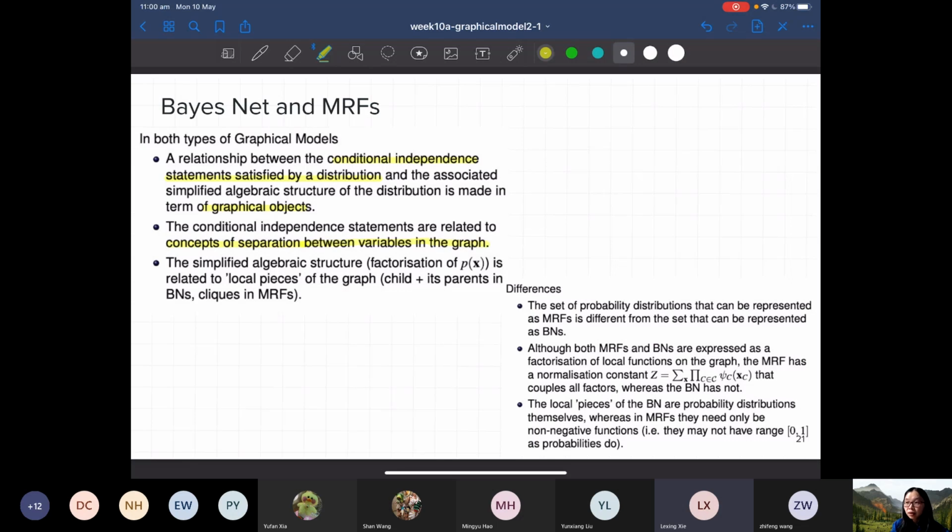For Bayes nets, there is d-separation, and for MRFs it is essentially separation of subsets of nodes. The simplified algebraic structure is related to what are called local pieces of graphs. So it's cliques in MRFs. In Bayes nets, it's a different set of objects. Basically, it's the parent-child relationship in Bayes networks. So for those of you who have looked at graph theory terminology, these are all essentially local structures, right?